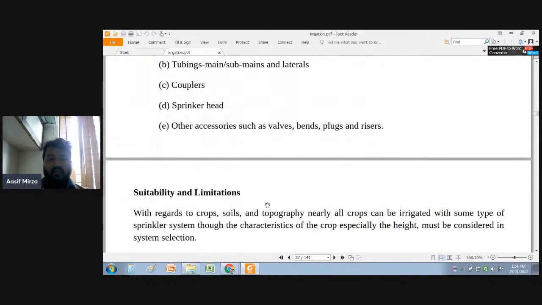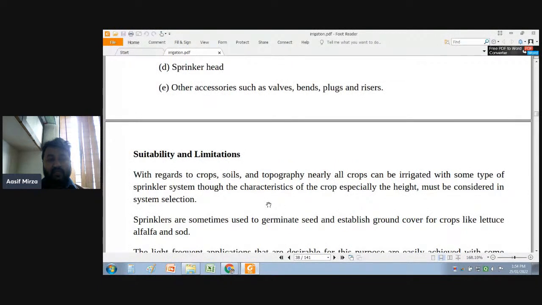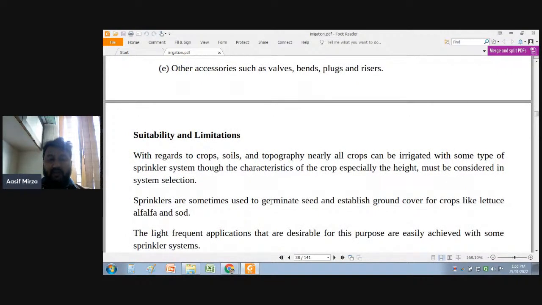Now, the suitability and the limitations of sprinkler irrigation. With regards to crops, soil, and topography, nearly all crops can be irrigated with some type of sprinkler system, though the characteristics of the crop, especially the height, must be considered in system selection. Sprinklers are sometimes used to germinate seeds and establish ground cover for crops like lettuce, alfalfa, and celery.